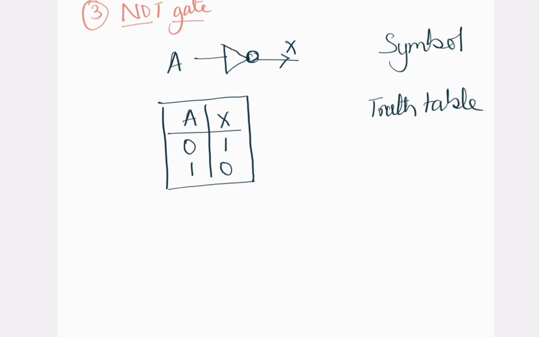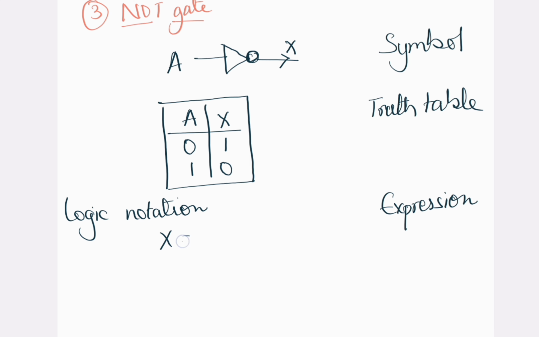Now let's have a look at the expression. As we have learned the logic notation and Boolean algebra, let's go one at a time. The logic notation would be written as X is equal to NOT A. You have to actually write the word NOT and A. So it's the opposite of A. That's how you need to remember.